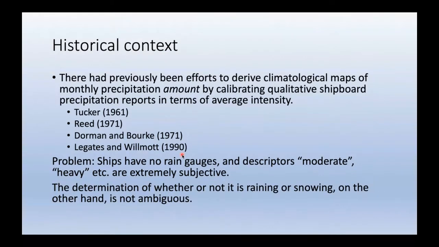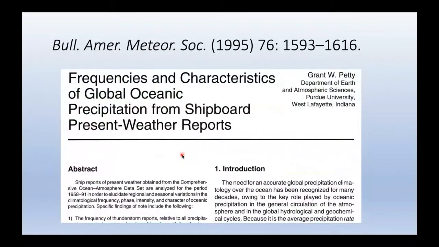Now, the flip side is that the determination of whether or not it is raining or snowing is not ambiguous. If you go outside, you generally know whether it's raining or snowing or not. And so that determination might be subjective, but it's not ambiguous, and it's likely very robust. So my thinking was that I should just take these robust indications of precipitation character and occurrence and see what I can do with them.